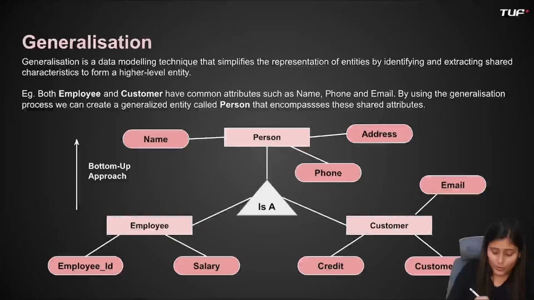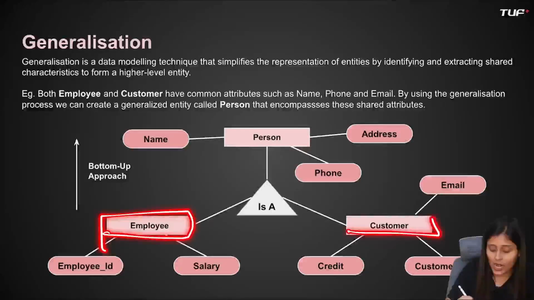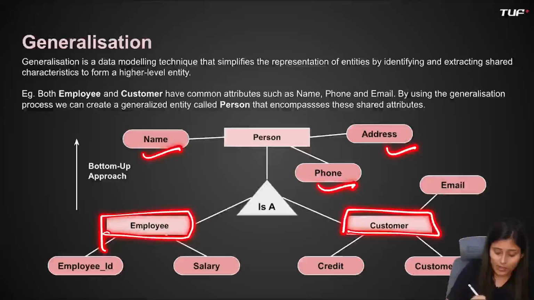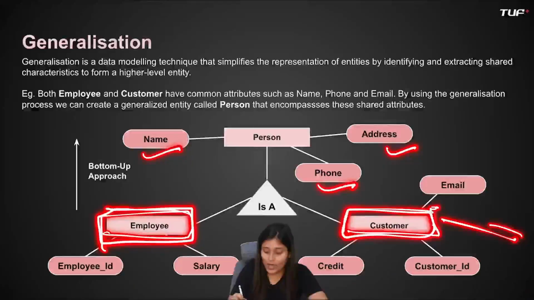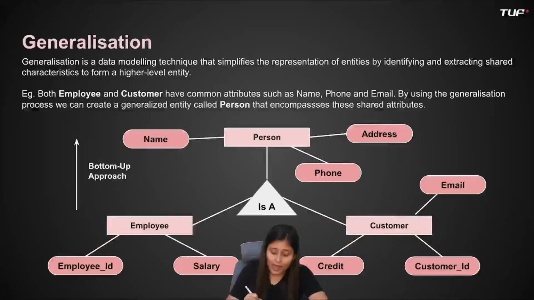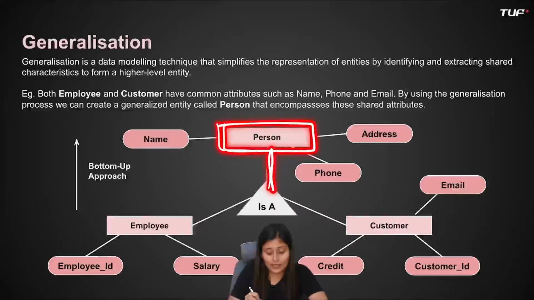In this example, you can see that employee and customer are the two entities, and name, phone number and address are the common attributes for both of these entities. So instead of allotting them in the same entity as attributes, we have created a new higher level entity and given it the name person, with the attributes name, phone and address which were shareable in those two entities.